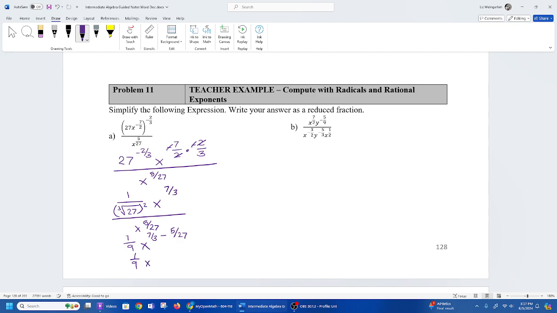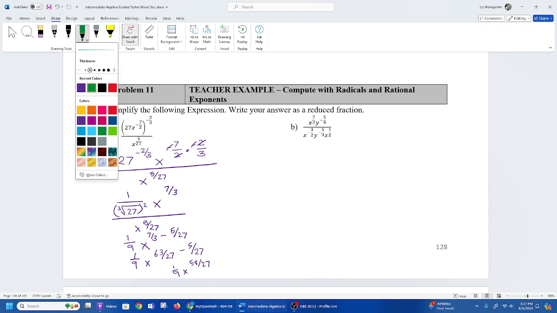X to the 63/27, because I multiplied the top and bottom by 9 in order to get a common denominator, minus 5/27. Now we can take 63 and subtract 5, and we get 1/9 times x to the 58/27. 58 is not divisible by 3, so this is as simplified as it is going to get.